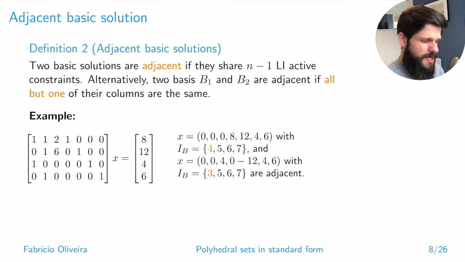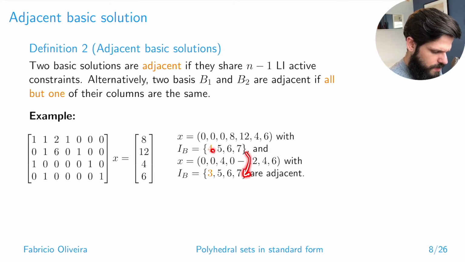The notion of adjacency, you can also think of like collecting one using a line connecting the two. You can see that when you go from here to here, you made variable 4 zero, and then variable 3 took value, right? So basically what you are allowing for is for one dimension to leave 0, while another dimension goes to 0. So this is equivalent if you look at a polyhedral set like so.